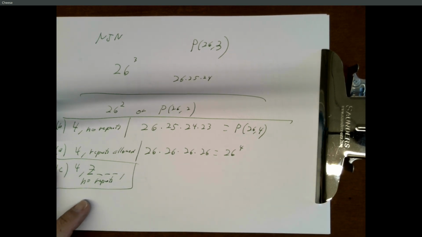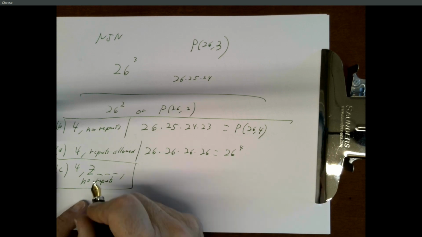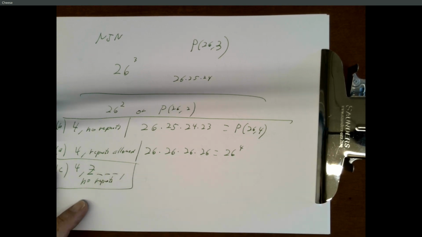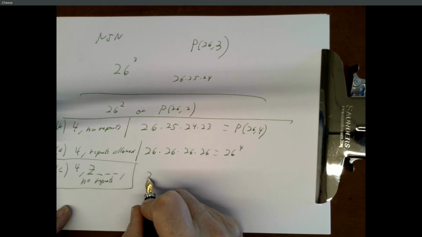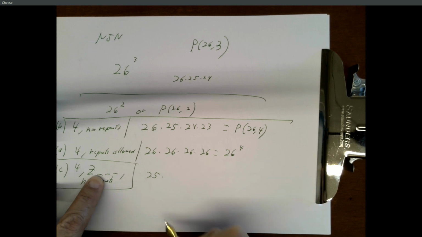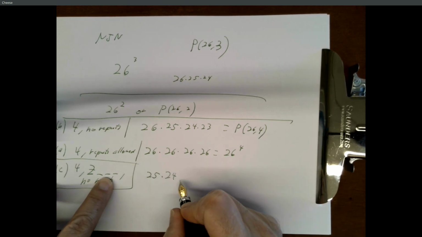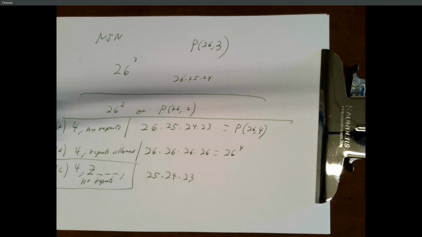How do we pick a 4-letter password that starts with a Z? Pick the second letter, pick the third letter, pick the fourth letter. This letter cannot be a Z because no repeats are allowed, so there's 25 ways to fill in that second letter. And now we've used 2 letters, so there's only 24 ways for the third letter and only 23 ways for the last letter. 25 times 24 times 23.